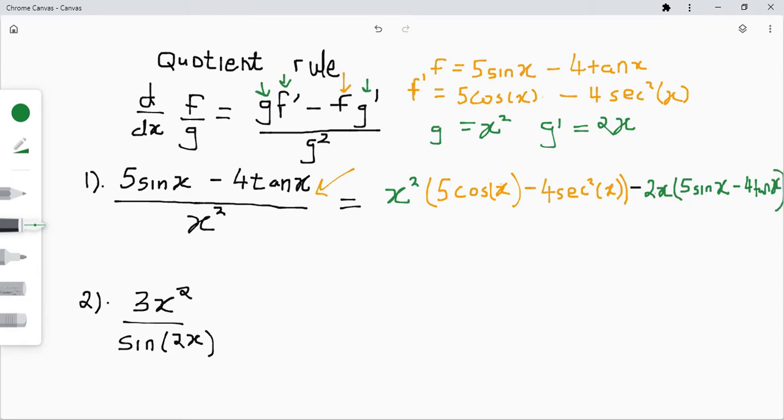So we've listed our numerator on top there. We got x squared, open brackets, 5 cos x minus 4 secant squared x. Minus 2x, open brackets, 5 sine x minus 4 tan x. And then at the bottom, we have to put g squared.